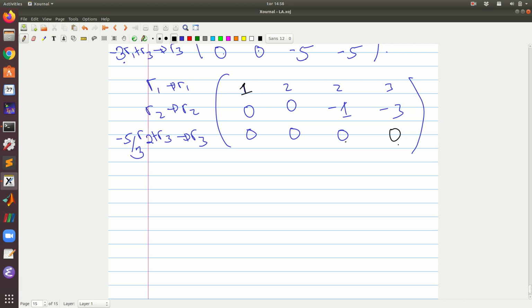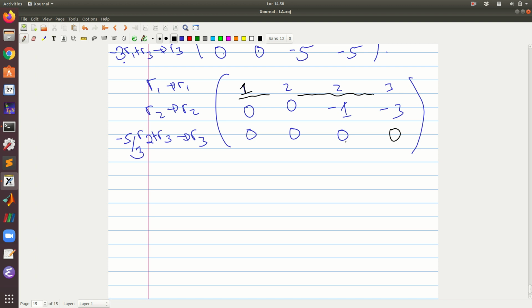So for such a system, we can do back substitution for this first example, but in the subsequent examples there is no need to do back substitution. We can always analyze, but since this is the first example, let us do back substitution here.